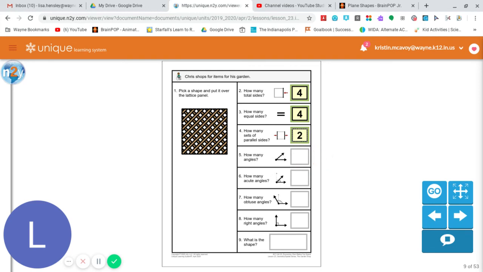Now the next question is, how many angles are there? So that would basically be where 2 lines meet. So here's a line, and here's a line. And this makes the angle. So there's 1, 2, 3, 4. 4 angles.